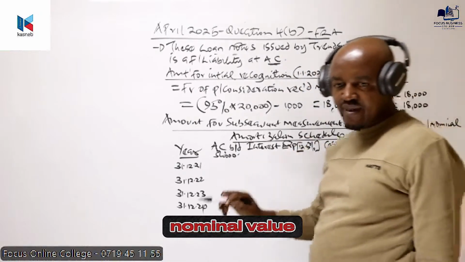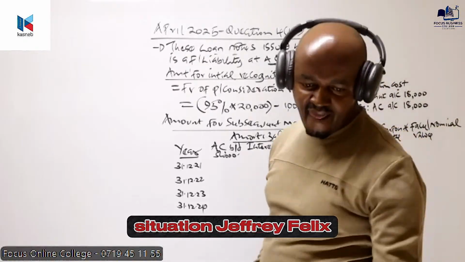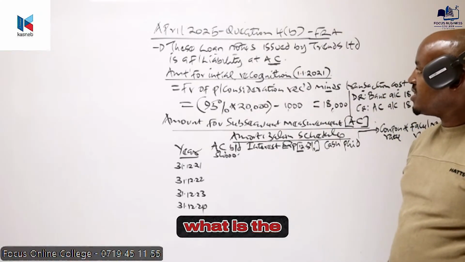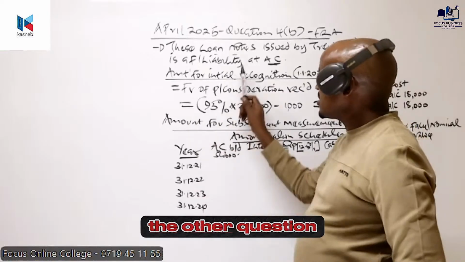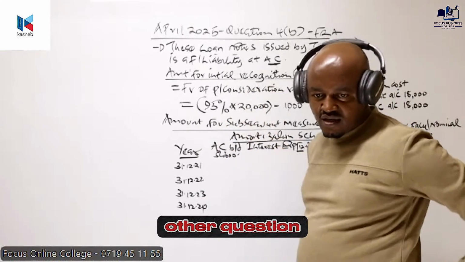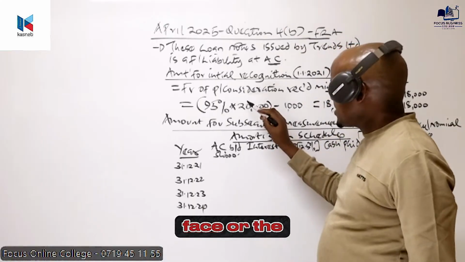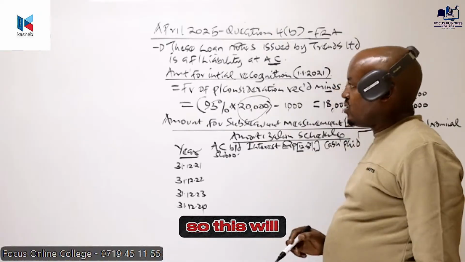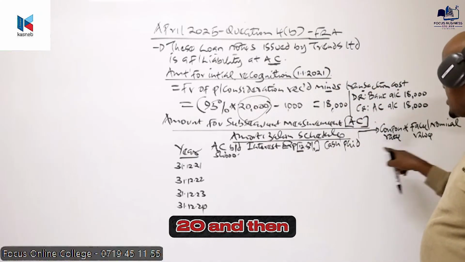Who can tell us the nominal value for these raw notes which were issued? It's similar to the other question which you have done for the financial asset. Yes. So this is basically the face, the nominal, or the par value. So this will be equal to the coupon interest rate times 20.